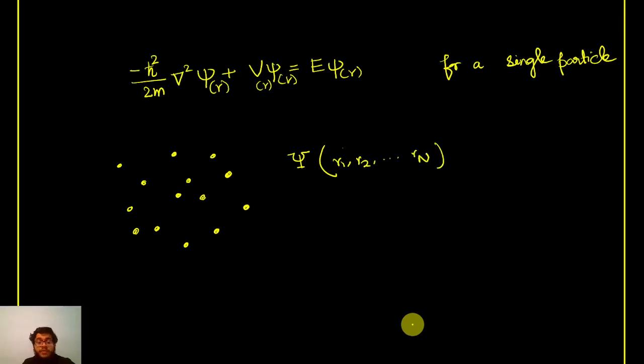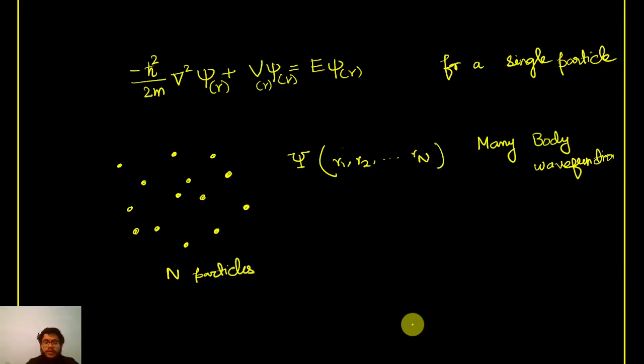This is called a many body wave function. As you can see, this has a lot of variables. It is a multi-variable function, and it has the coordinate values of, let's say, n particles, or n electrons, for example.